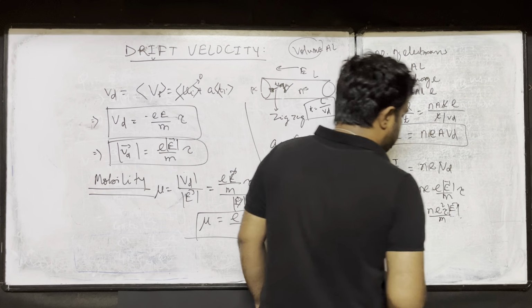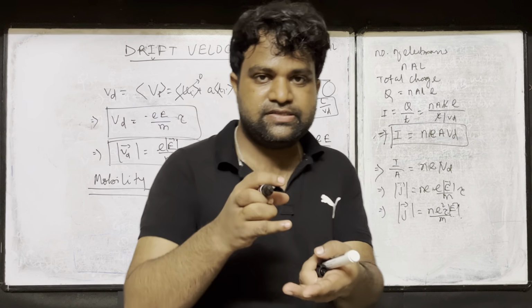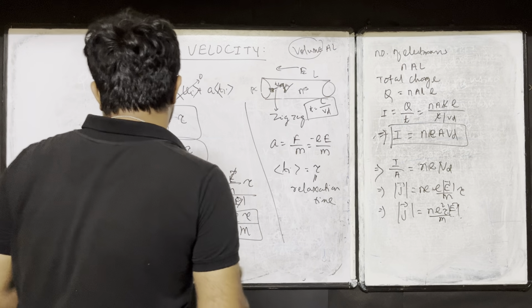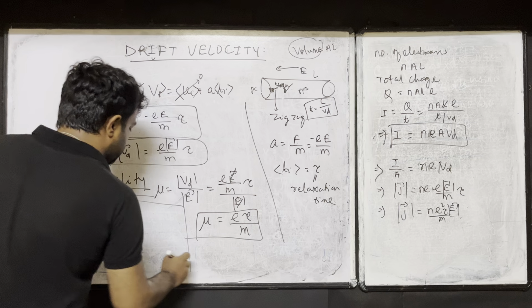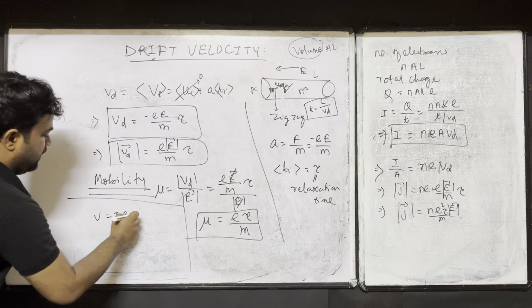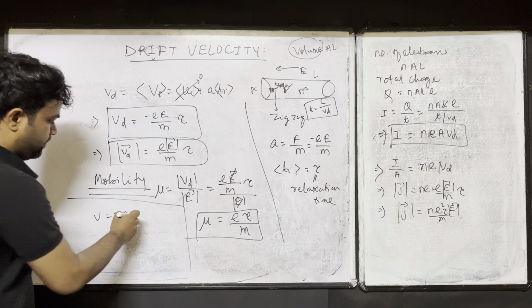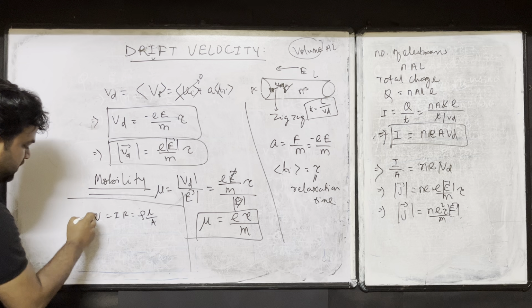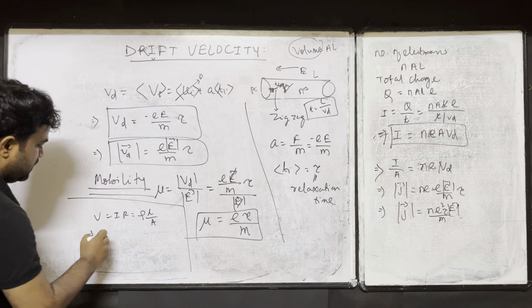Now we know a relationship between J and E from Ohm's law. What is the relationship we know? Now from Ohm's law we know that V equal to IR and R is rho L by A. So we can write rho L by A, and V equal to, you know, EL.